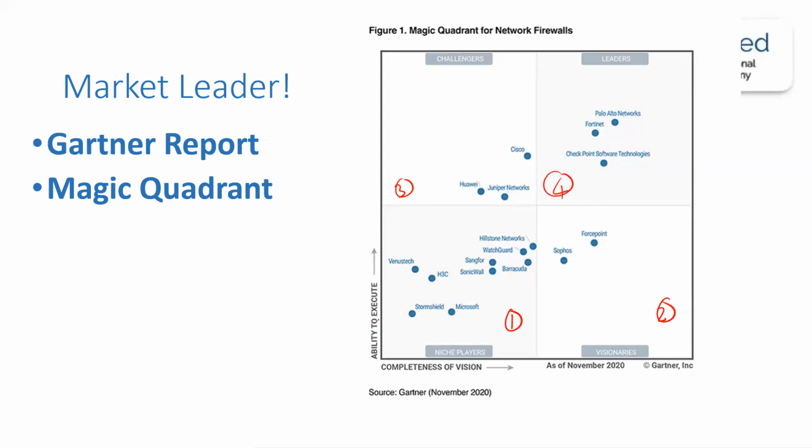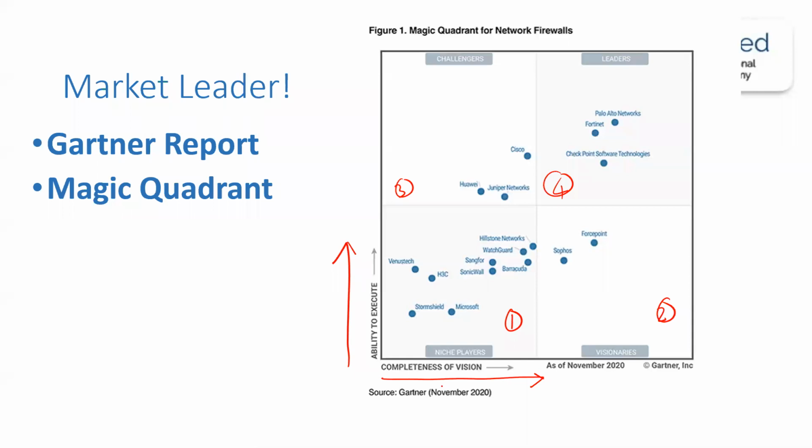Now, this is basically divided in one of the ways over here: this is called the completeness of vision, and this is called the ability to execute. I think I got myself on mute. Anyways, okay, so the completeness of vision, what exactly does this mean?